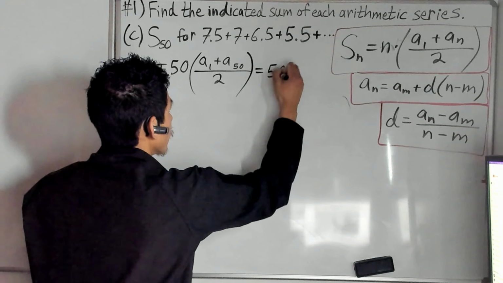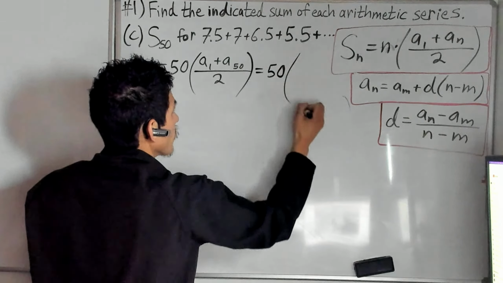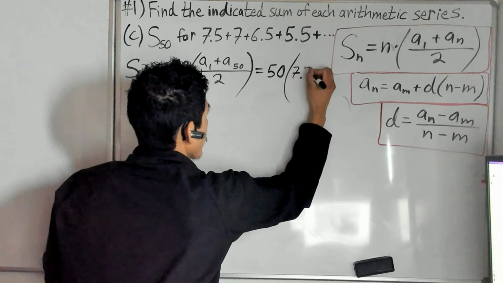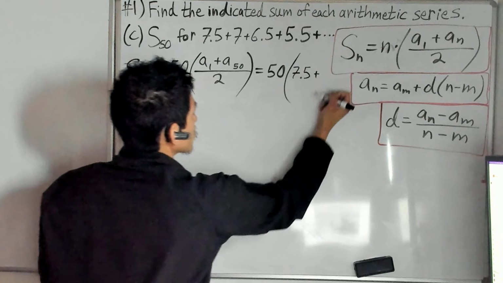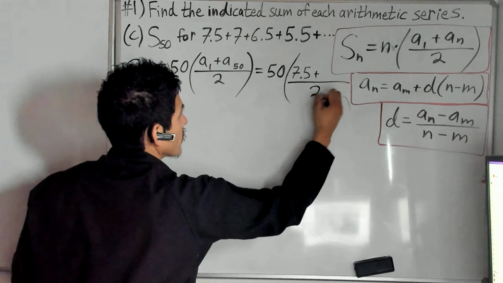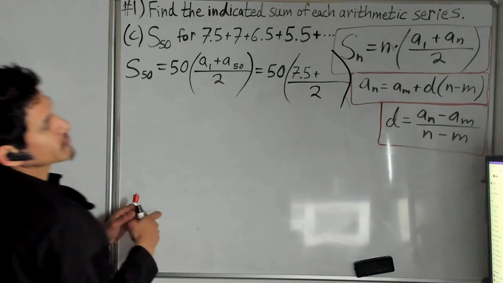So 50 times 7.5 plus, we need to find the a50. Let's leave that like that. Let's see if it fits in there.